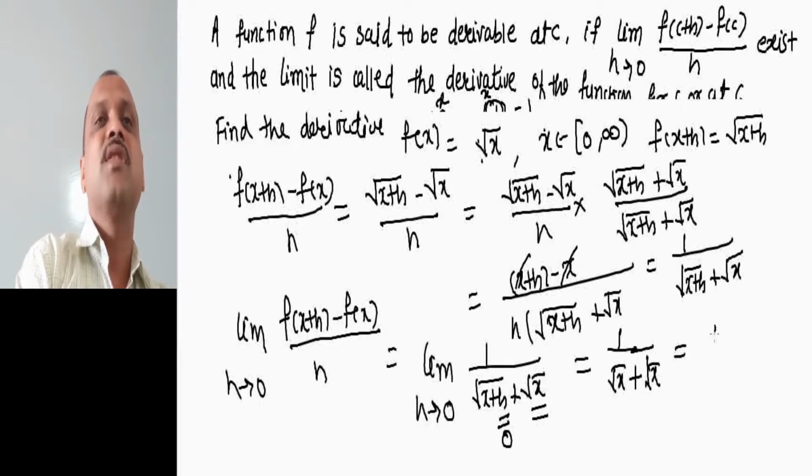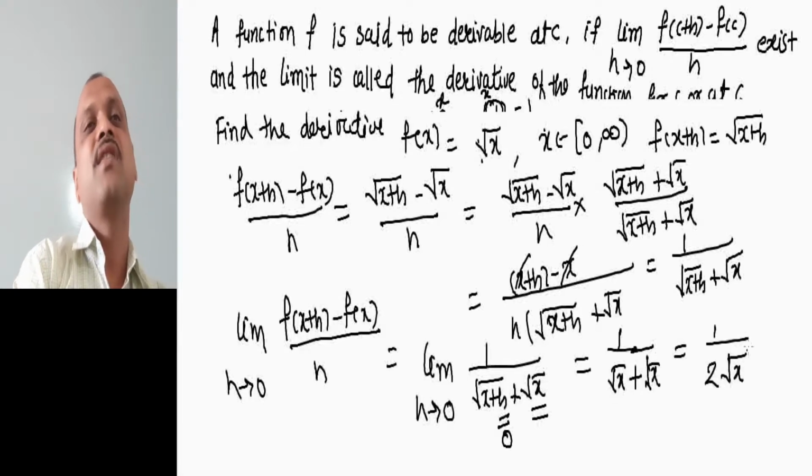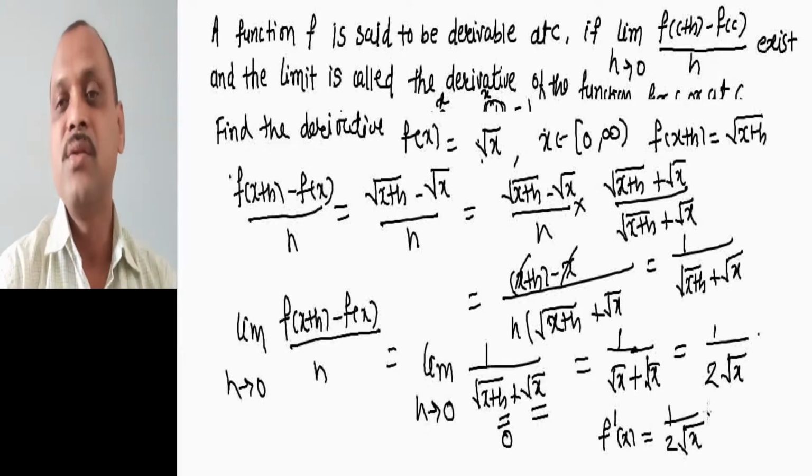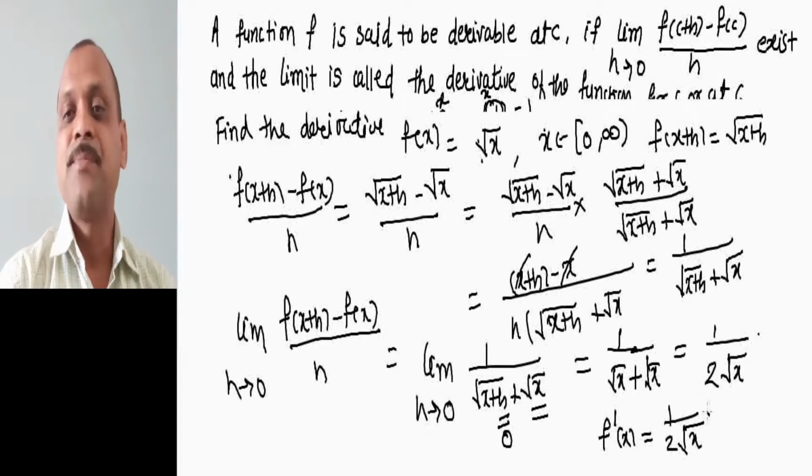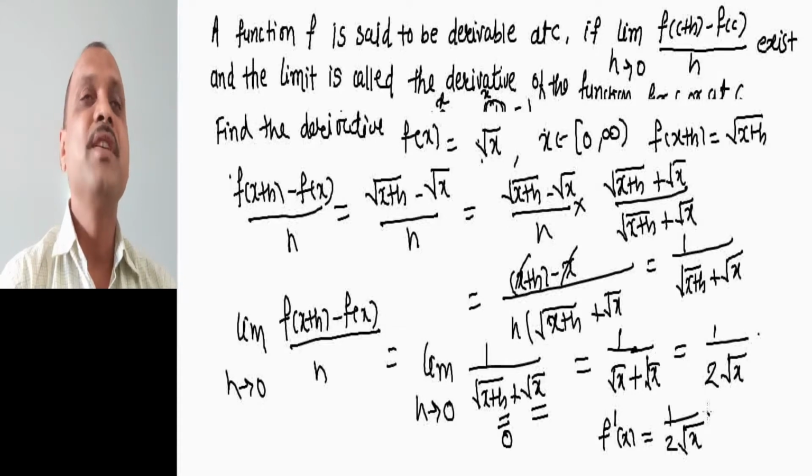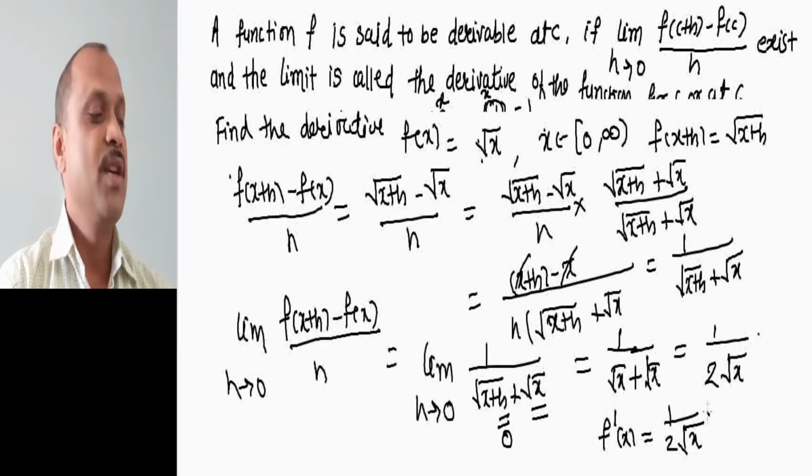So this is 1 divided by 2 into under root of x, and therefore f dash of x equal to 1 divided by 2 into under root of x. You know this formula, but by using this simple definition we can find the derivative of any function.